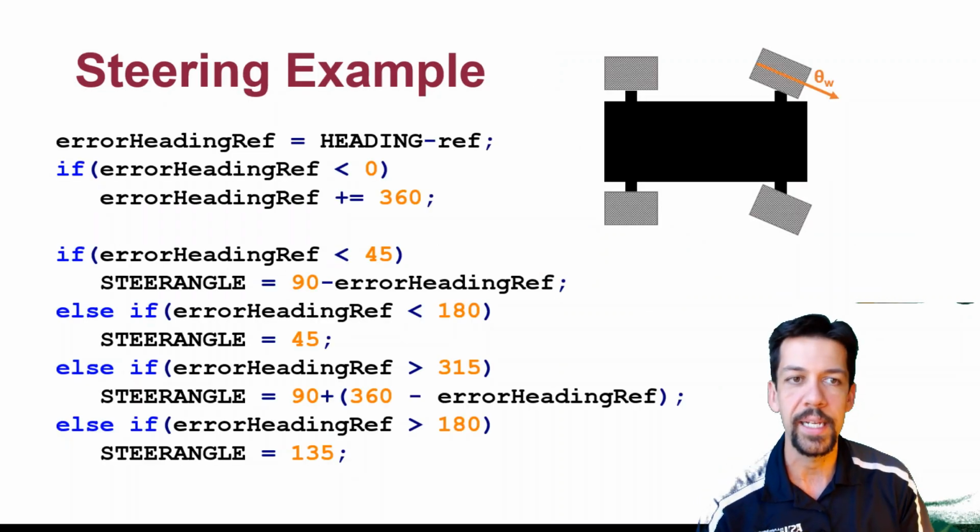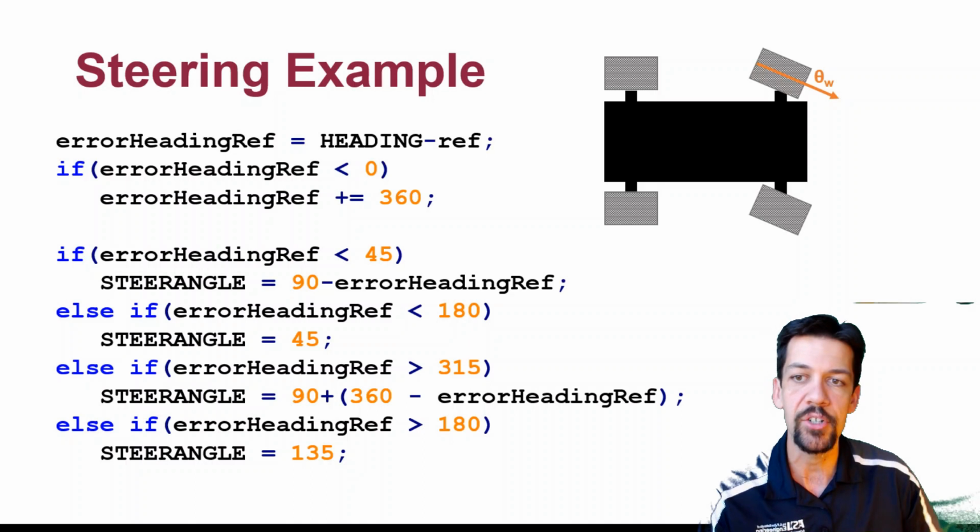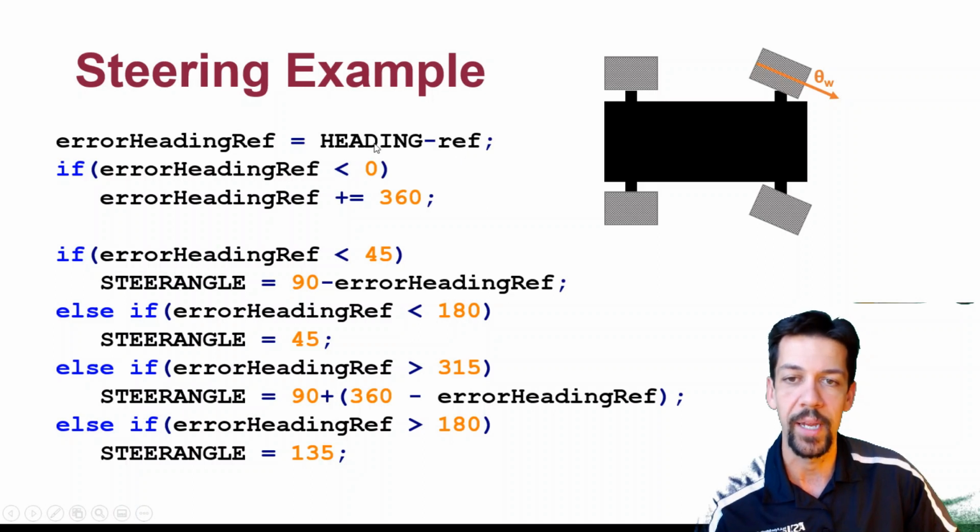Another example is the steering on our cars. If I have a specific heading that I want to reach, then I can calculate my error heading as my desired heading minus my reference, my target. So my error heading off of the reference is, if it's less than 0, I want to wrap around to the other side.